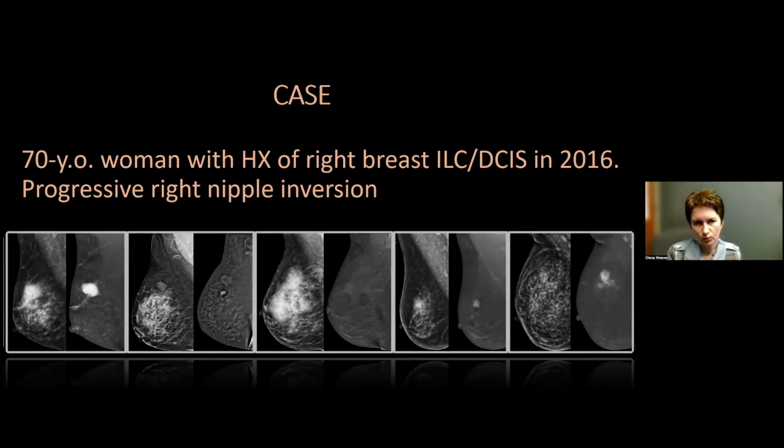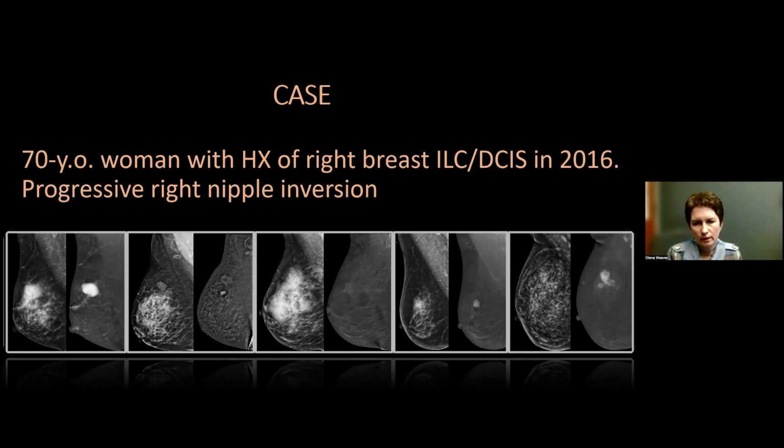This was a case of a 70-year-old woman who had right breast invasive lobular cancer and DCIS in 2016. She had a segmental mastectomy, and since then she complains of progressive right nipple inversion.